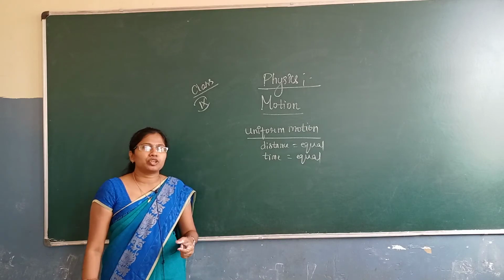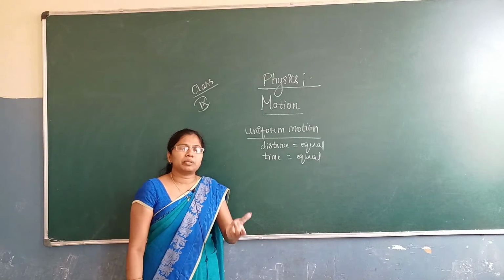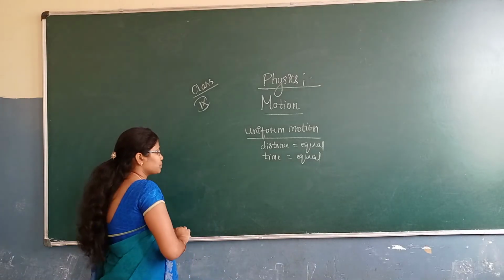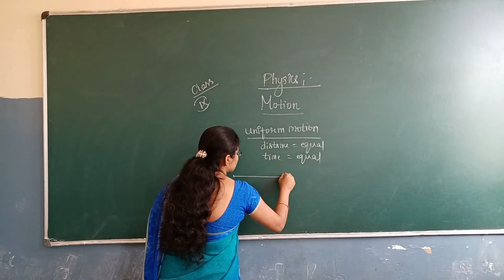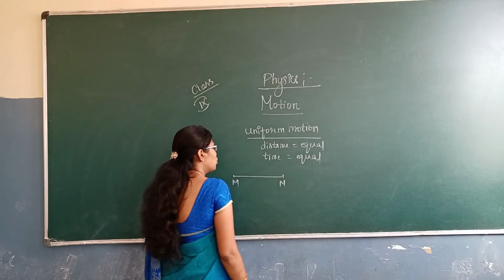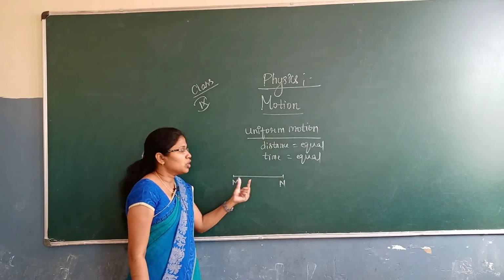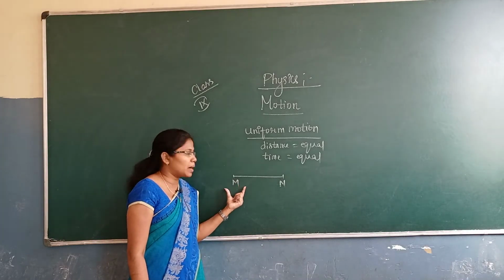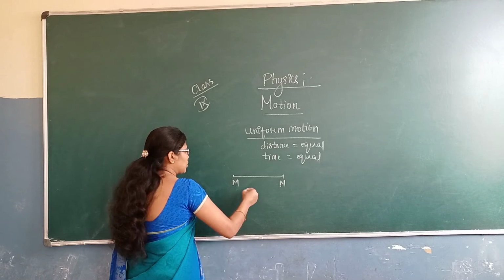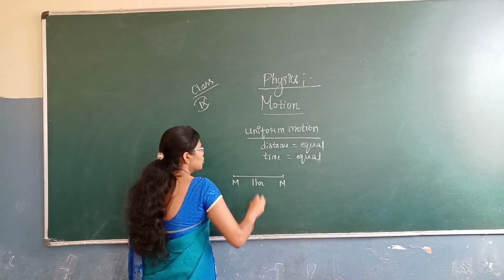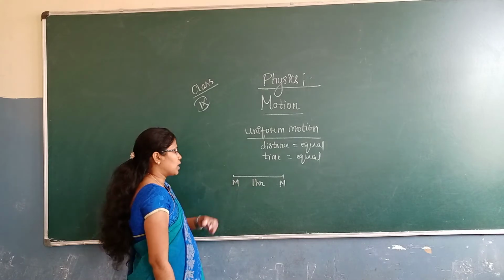So in case of uniform motion, what happens to the speed? Let us consider an example: an object has moved from point M to point N. To move from point M to N, it has taken a time of 1 hour.